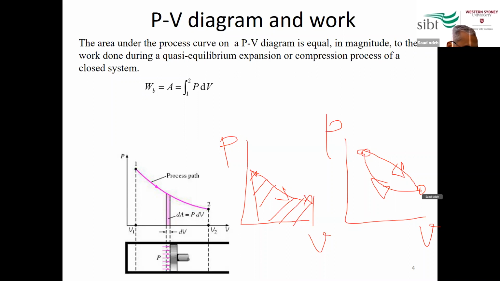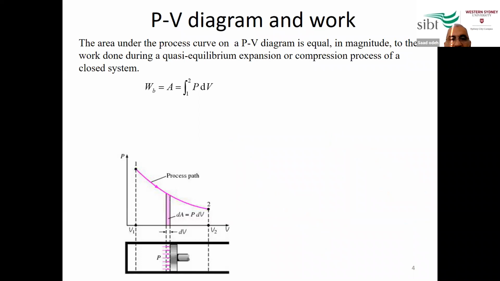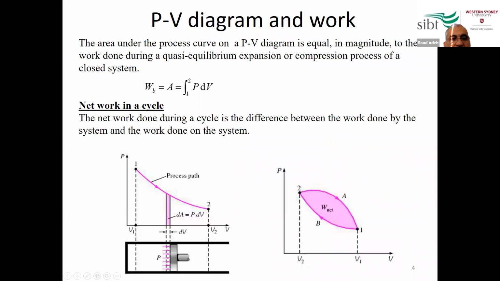The net work is the work enclosed by these two processes. This is the amount of work I can get from the system, because for compression I need to consume work, and in the other process I produce work. So the net work is the difference between the produced work and the consumed work, the area enclosed between the two processes. We will come to this later, but just to show you what we mean by net work in a cycle.